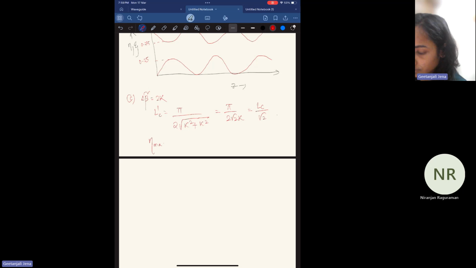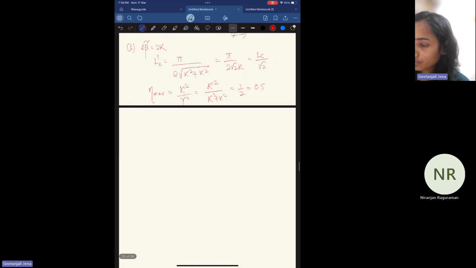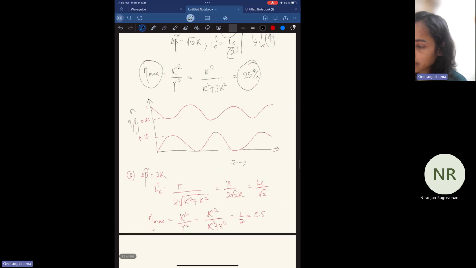So eta max will now increase, kappa square over gamma square, so this is half, so 0.5. So the graph will now, if I draw it here, this will come here. So they will touch because 0.5 and here is also 0.5.